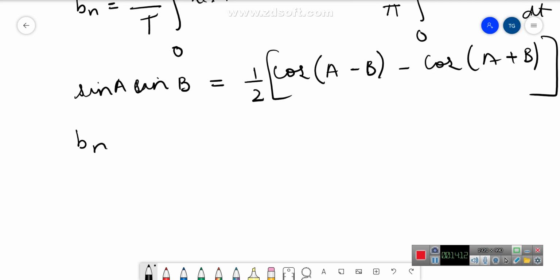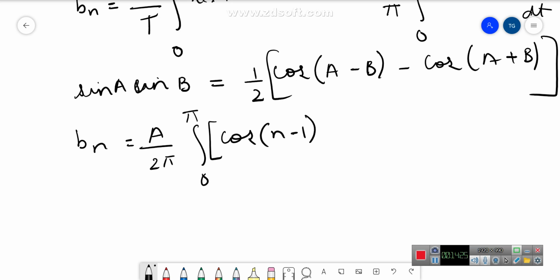We will get bn equals a by 2 pi integrating over 0 to pi, then we get cos of n minus 1 t minus cos of n plus 1 t into dt.